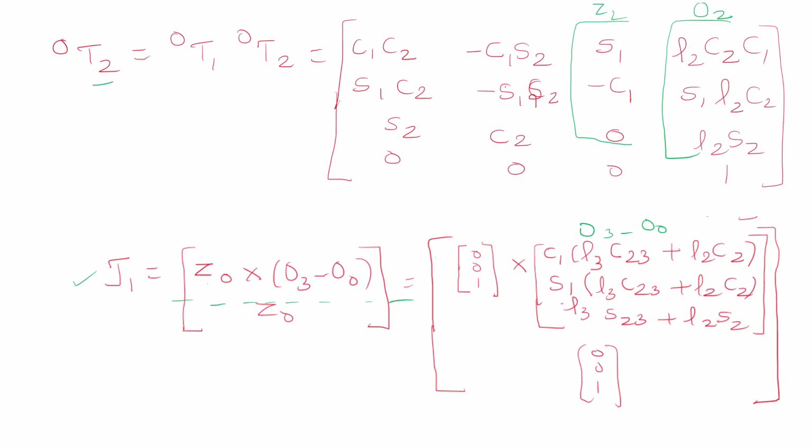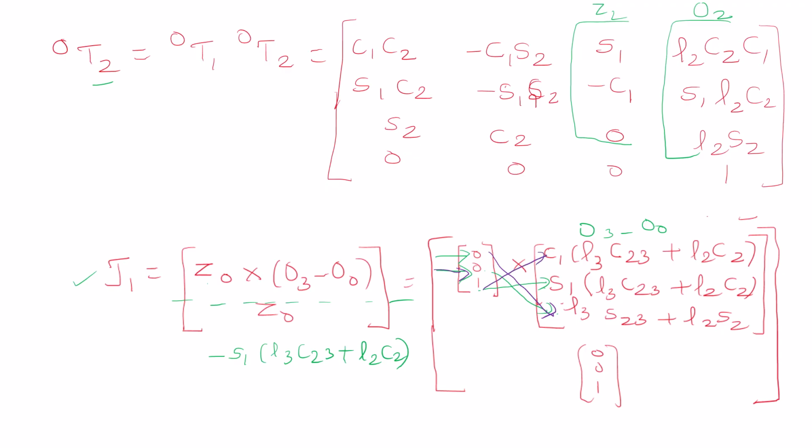How will you get it? First hide the first row and multiply the remaining elements: 0 into this minus 1 into this. So the first element is minus S1 into L3C23 plus L2C2. In the same way, for the second element, you hide the second row: 0 into this element minus 1 into this.